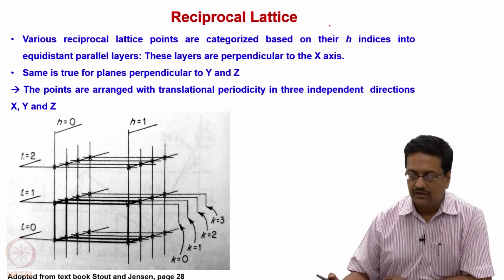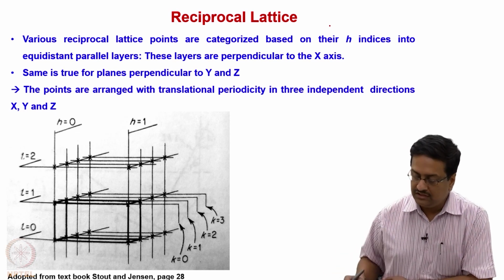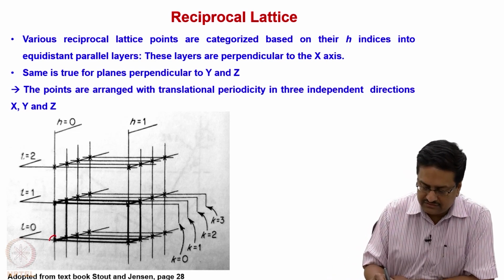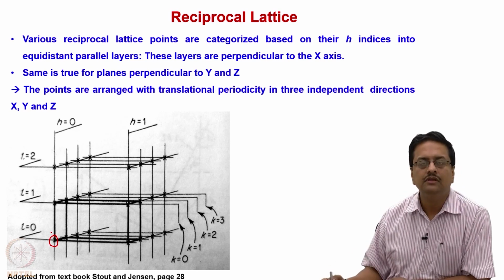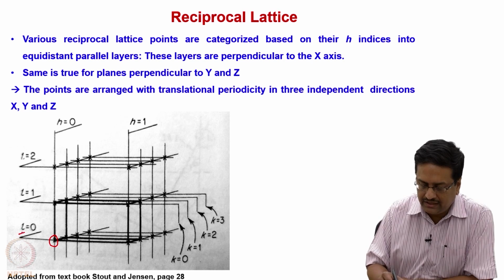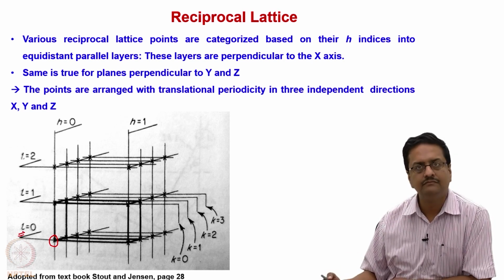So the reciprocal lattice points which are marked here as star, these points on that particular layer have L index 0.